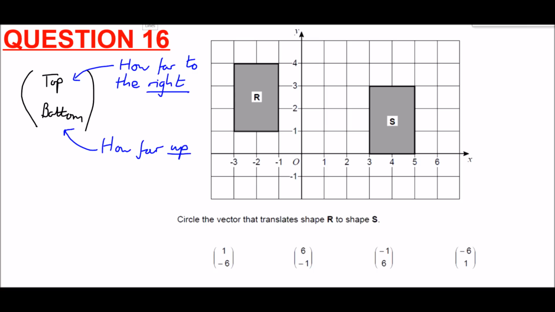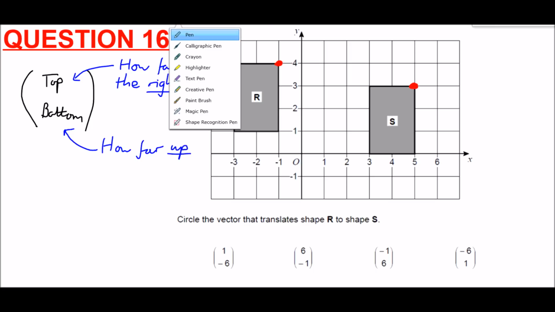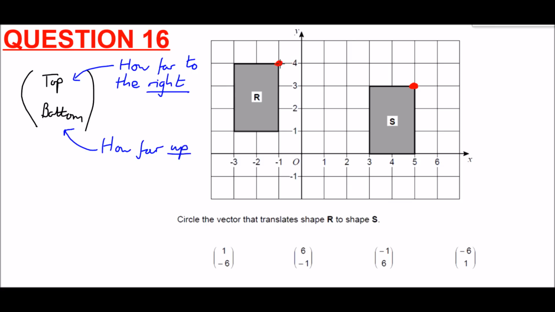So if we have a look here at this shape, from R to S means it's gone from here to here. So what we can do is pick any point on the shape. So if we have a look at that top right corner, it's moved to there. So how many squares along has it moved? So from here to here, how many has it gone across?